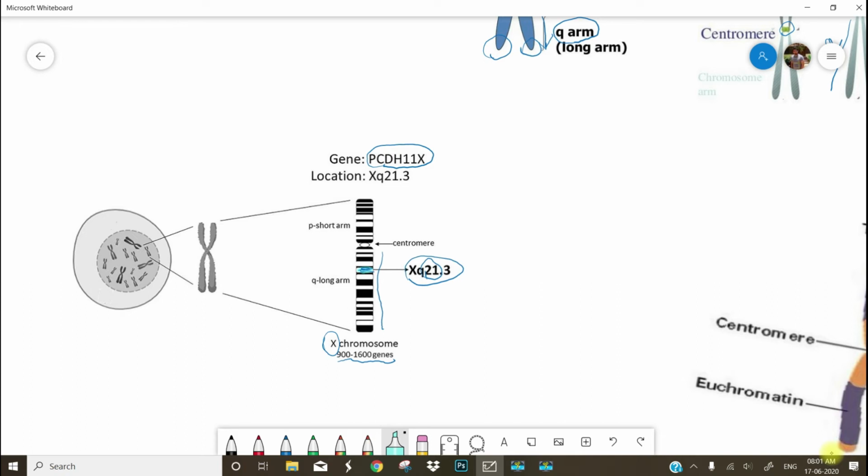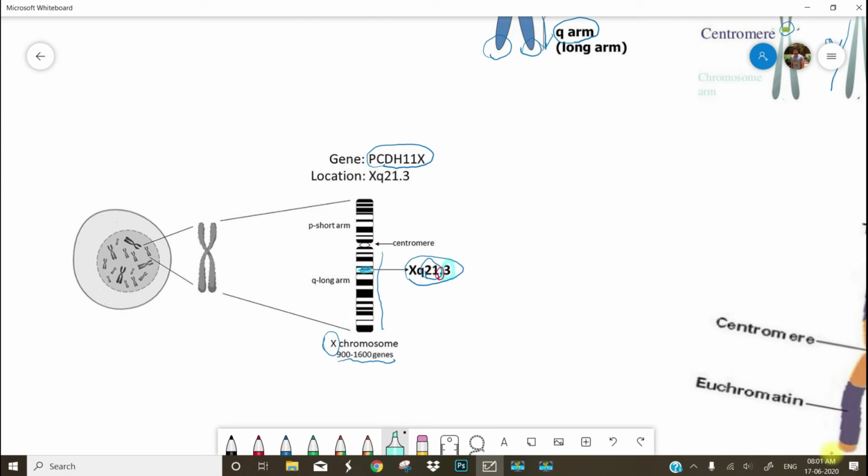And after a period, you can say a period here, after the period there is another digit, and that is 3. 3 is the band.